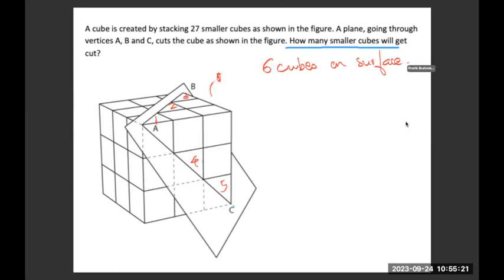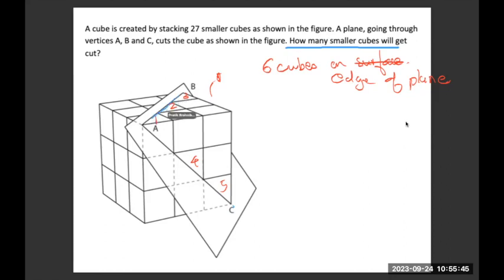Next, I need to check the cubes on the edge of the plane. Okay, 6 cubes on the edge of the plane. In the next part, I will say, okay, which are the cubes which are not on the edge, on the inside, but are cut. So if I see this part here, second is getting cut.